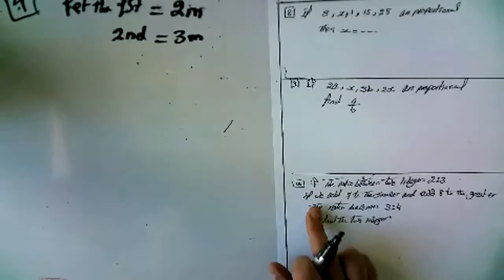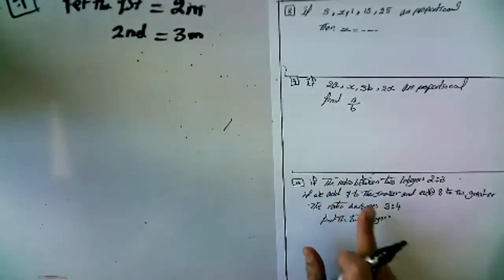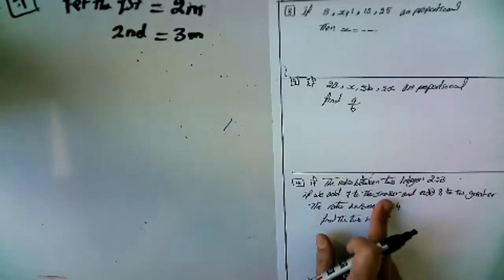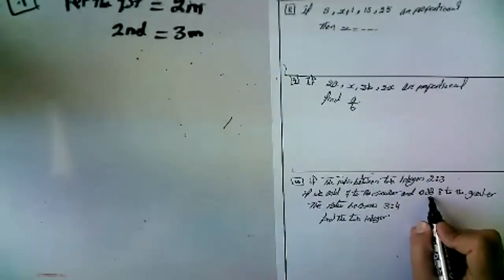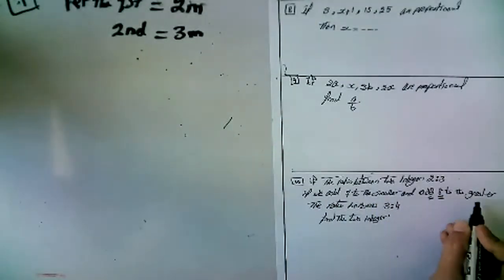What happens if we add 7 to the smaller and add 8 to the greater?